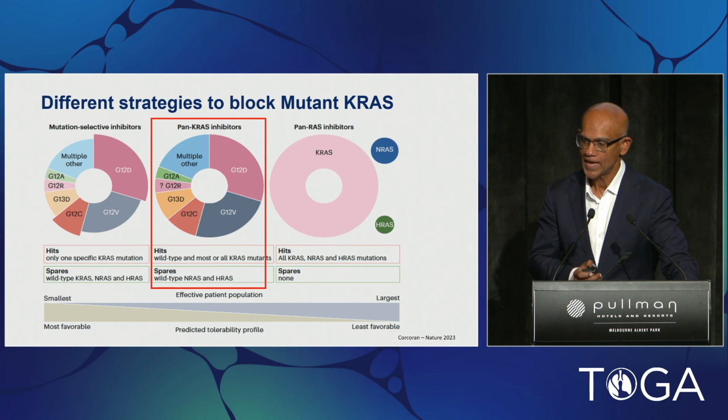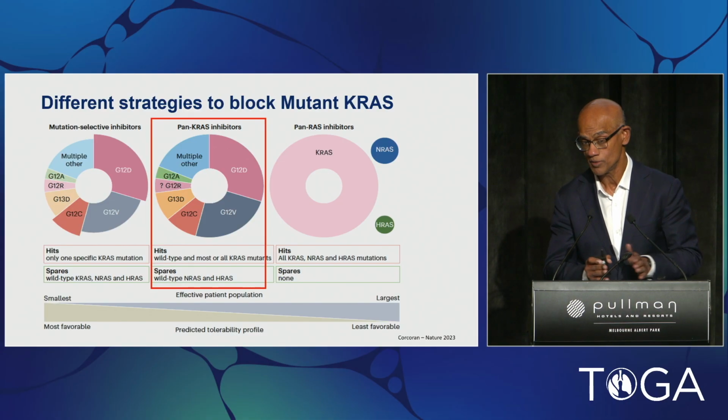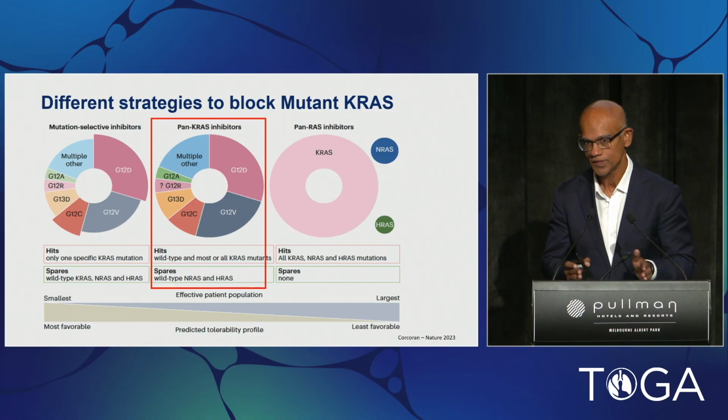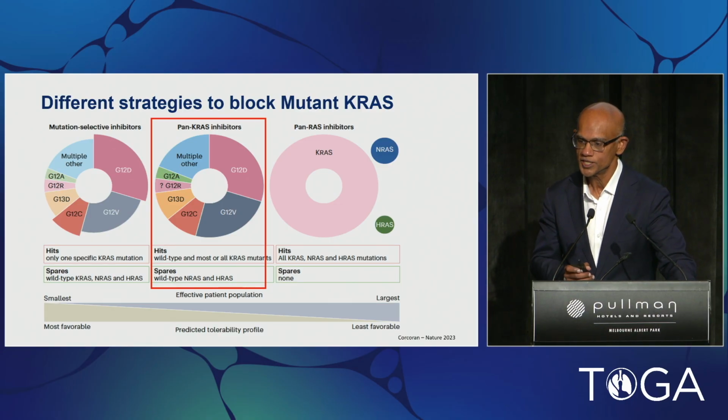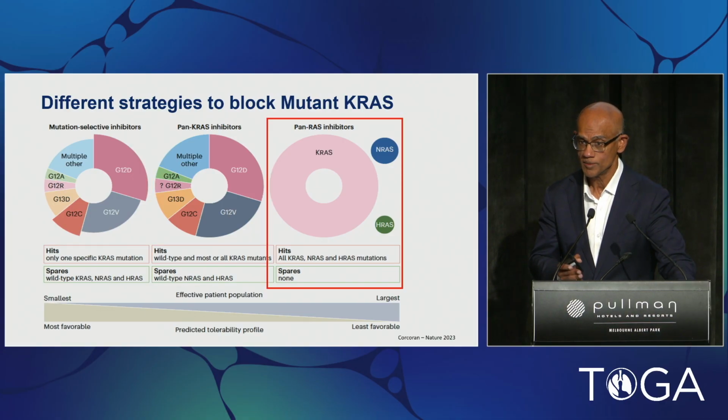We can use pan-RAS inhibitors, and there are a range of these being developed, which inhibit a spectrum of mutations in KRAS, sometimes not the complete spectrum. Some mutations, in particular G12R, can be very difficult for these drugs to inhibit. And pan-RAS inhibitors, which inhibit not just KRAS, but NRAS and HRAS.